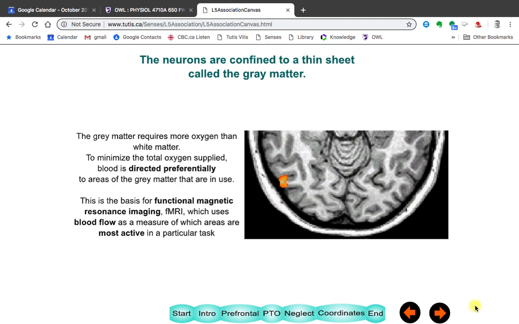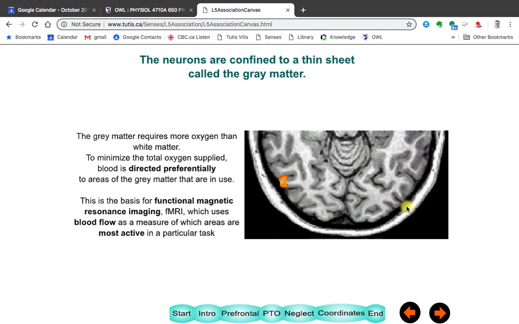So the gray matter also requires more oxygen than the white matter. And so what the brain does is flood areas that are doing the thinking with as much blood as they need, and for only the time that they need.